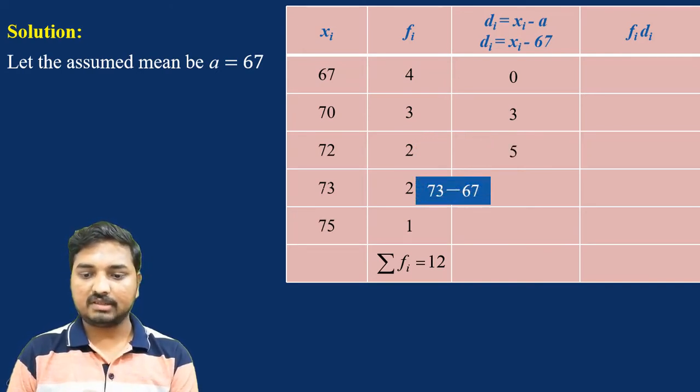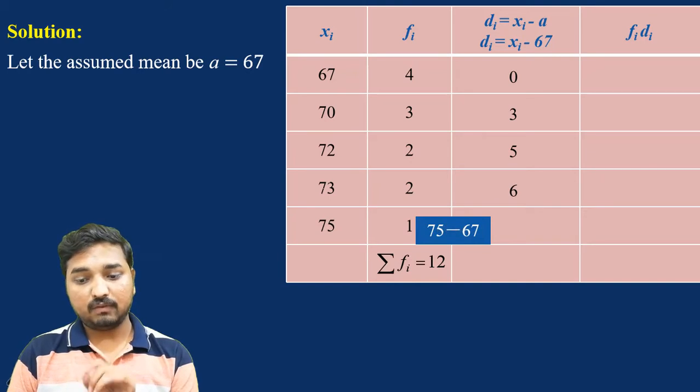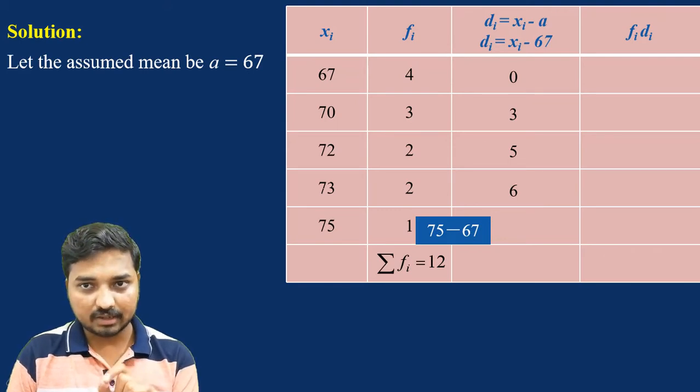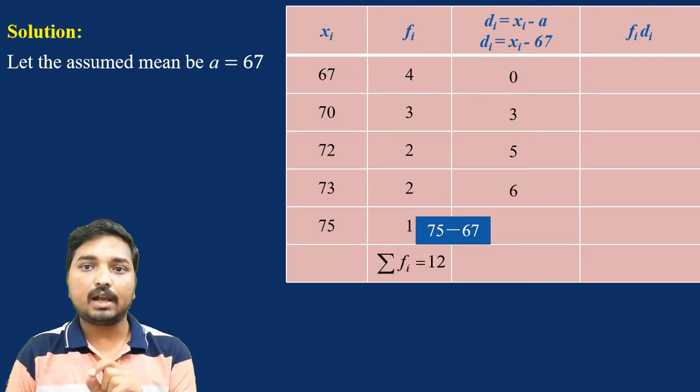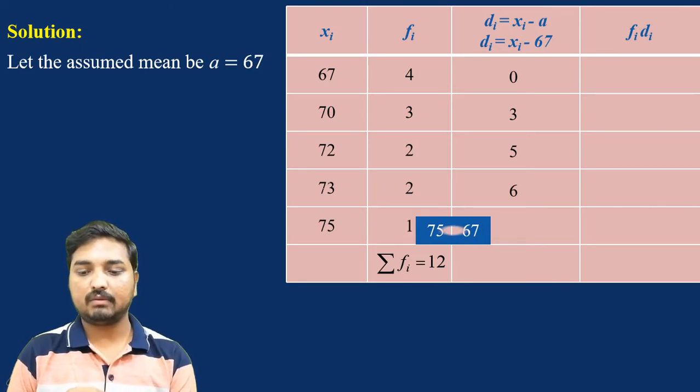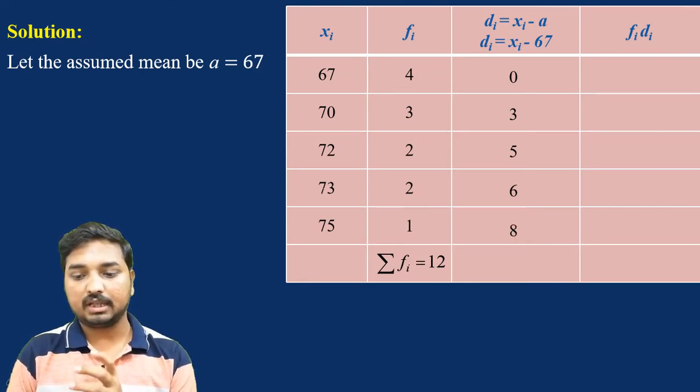Next one, 73 minus 67, you will get 6. And then 75 minus 67. From one row to the next row I'm going to change the value of xi only, but I'm going to keep the value of a as it is, 67. 75 minus 67 is equal to 8.